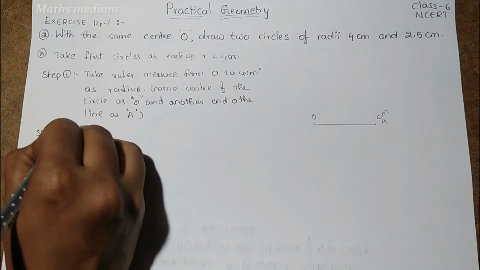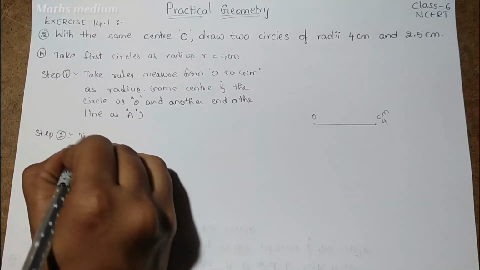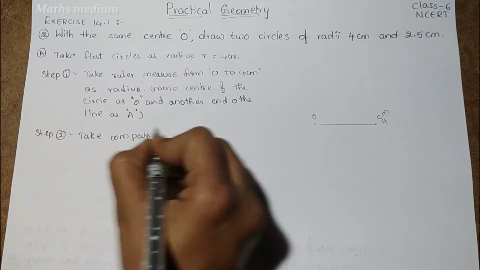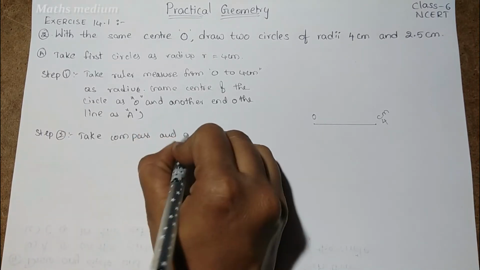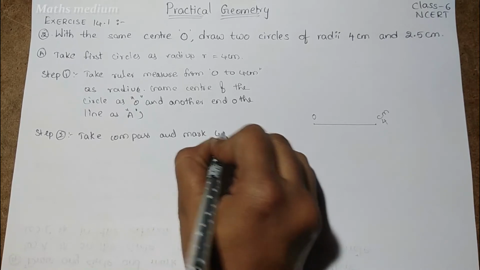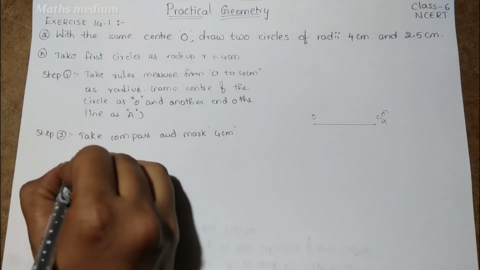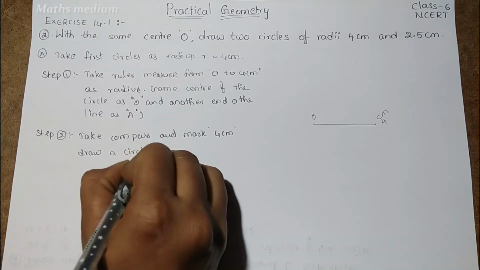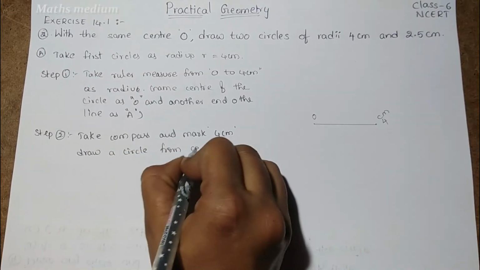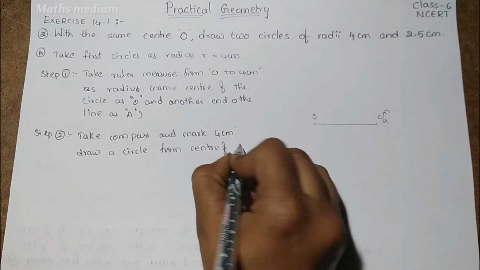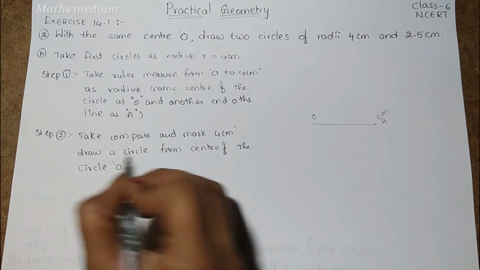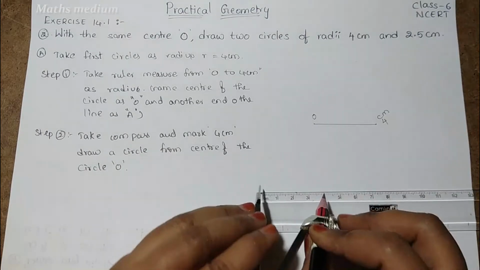Step 2. Take the compass and mark 4 centimeters. Draw a circle from the center of the circle O. Now take the scale and compass.